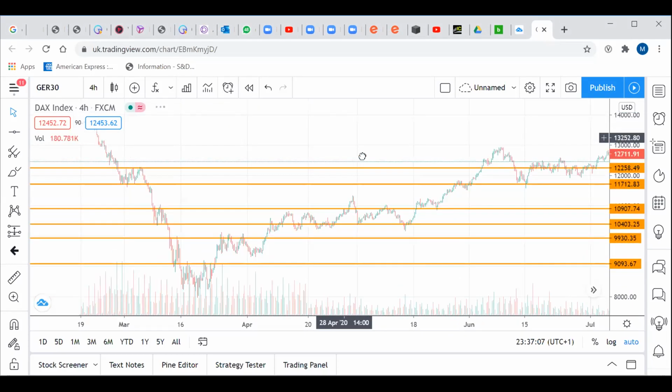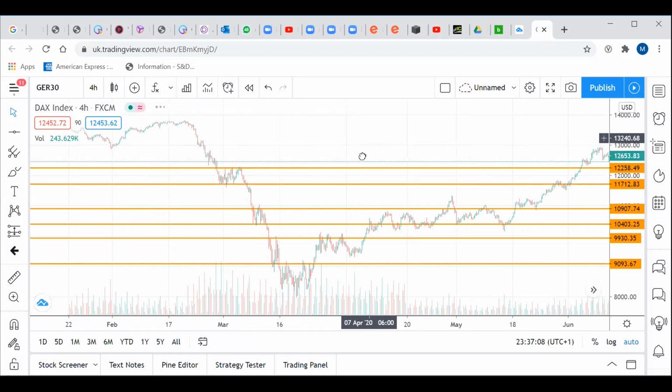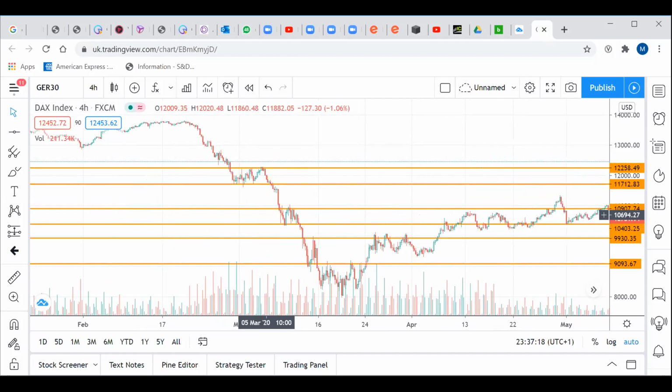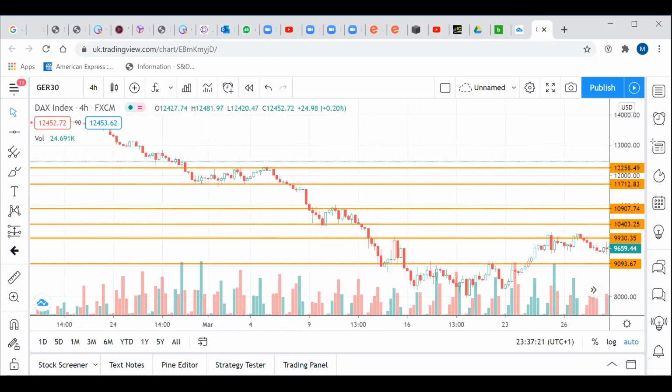4-hour chart? Okay. So I'm looking at German 30, which is a German index, but you can do this on any pair. I'm just using this for example. Cool. Let me just go through this again. Here it tested it, came back down, tested it, came back down, tested it, came back down, broke through.